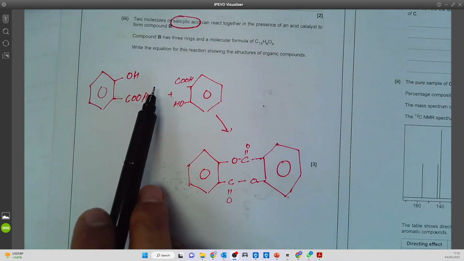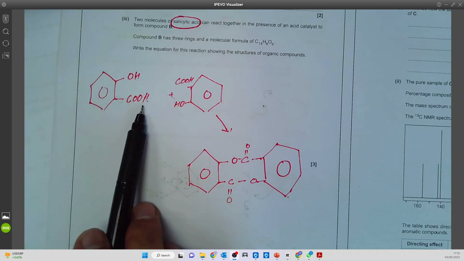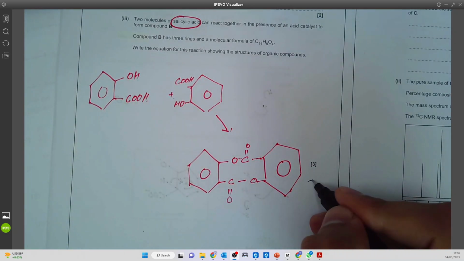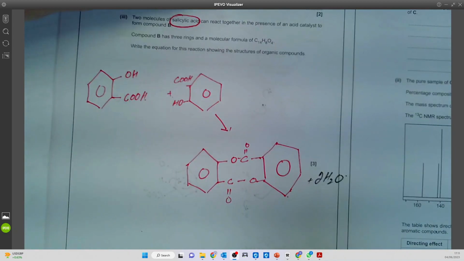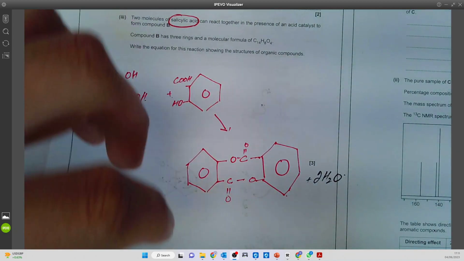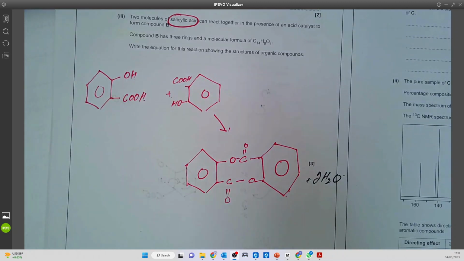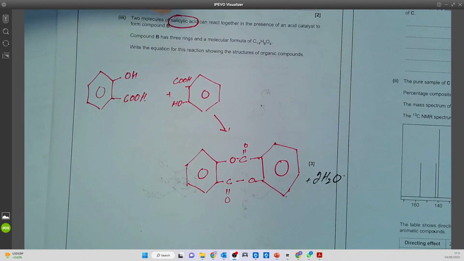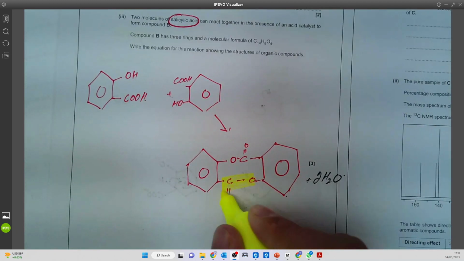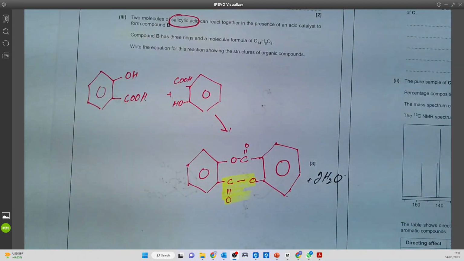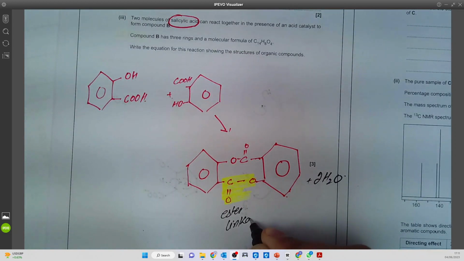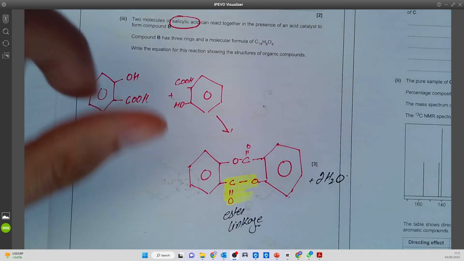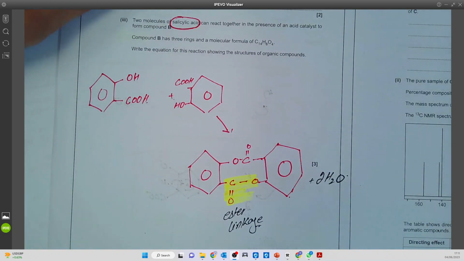Now, if you look at it, one water molecule will be removed from here, one water molecule will be removed from here. So I'd say it will be plus 2H2O. If you recall, this is something that's called an ester linkage. Done.